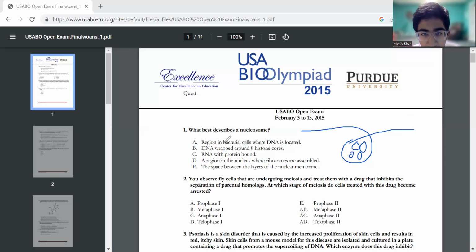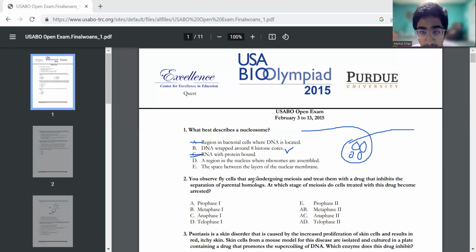A region in bacterial cells. No, we have these as well. I don't think bacteria even have these, so A is not correct. DNA wrapped around 8 histone cores, which is correct. I remember it does have 8, but even if you didn't, this one seems to be the best option right now. I'll just put a check next to it. RNA with protein bound. Nope, it's DNA, not RNA.